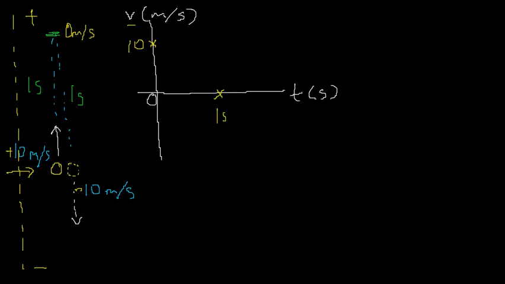And after another second, it comes to a velocity of minus 10. So that means we are at 2 seconds now, and the velocity is minus 10. So somewhere there, I'm just sketching roughly. So that's minus 10.